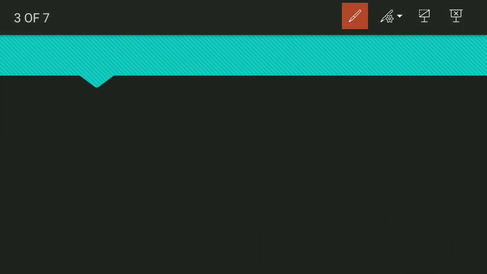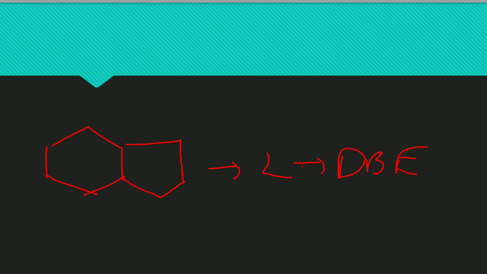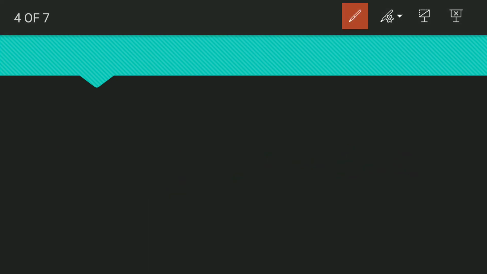Let's take another example. So tell me the DBE value of this compound. It's 2, as there are no pi bonds and there are 2 rings. So DBE value is 2. Now let's take another example. That is this.